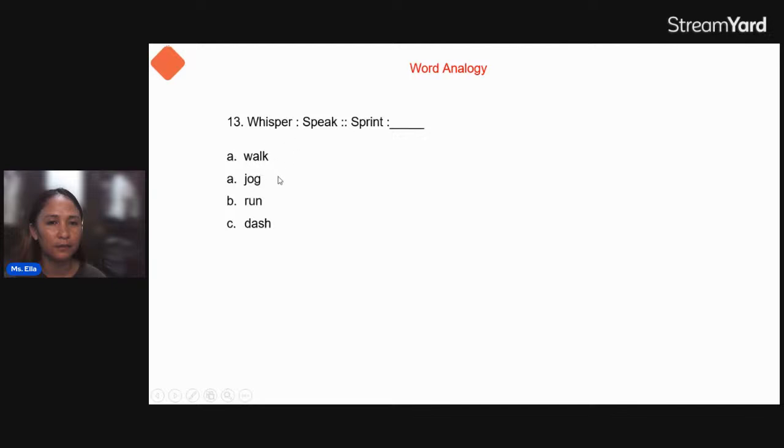Is it walk, jog, run, or dash? Okay, so for number 13, the correct answer is letter A, walk.